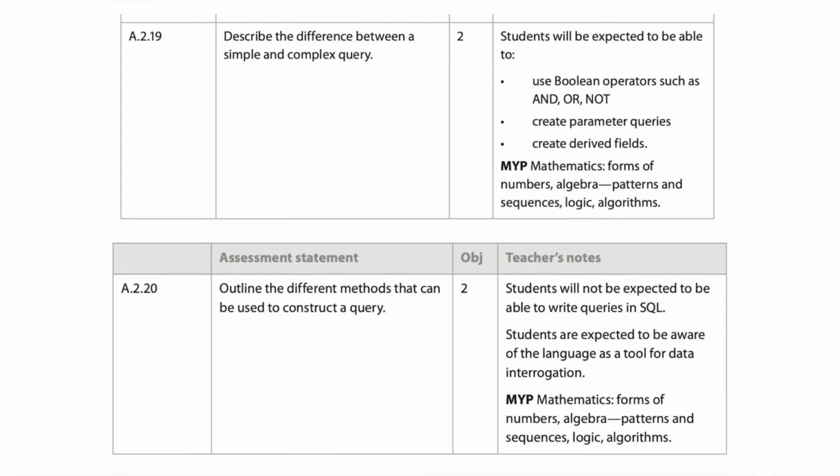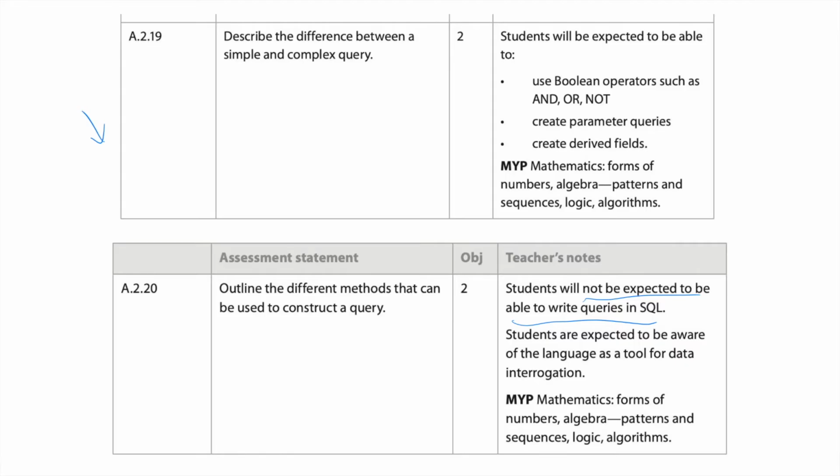Anyways, let's get started. One thing I do want to point out before we get started is that the actual syllabus for option A says students will not be expected to be able to write queries in SQL, which is actually what I assumed when I made the first video. But the reality is that there are quite a few questions where it's a lot easier just to write SQL than it is to try to explain it any other way.